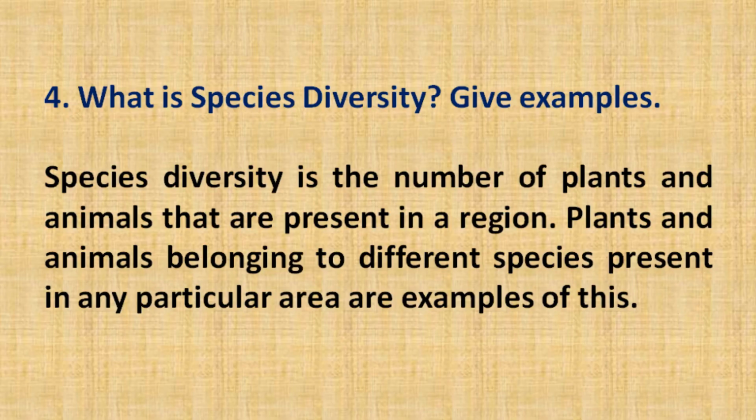Question number 4 is, what is species diversity? Give examples. Species diversity is the number of plants and animals that are present in a region. Plants and animals belonging to different species present in any particular area are examples of this.